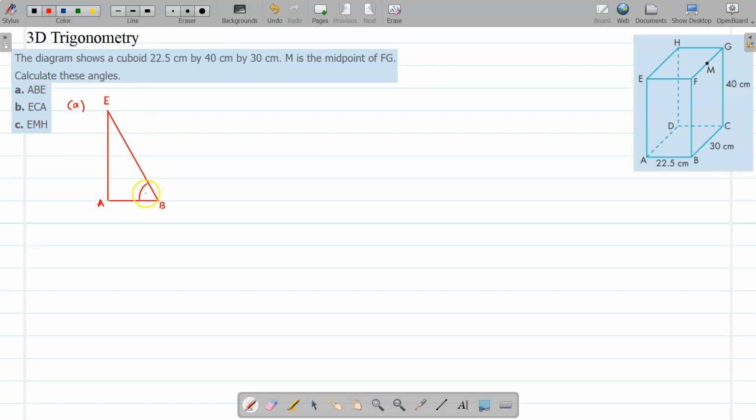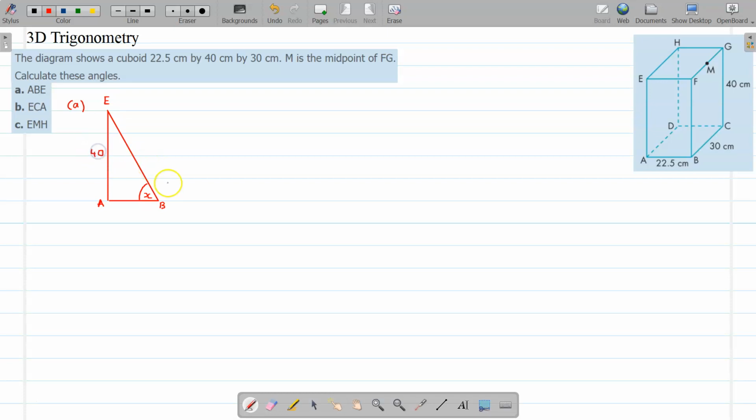I'm going to use X for the actual angle itself. It's easier to write X rather than repeatedly writing ABE. Now, if the height of the box is 40, then I know that this line AE is also 40. So I'm going to transfer that onto the diagram like that.